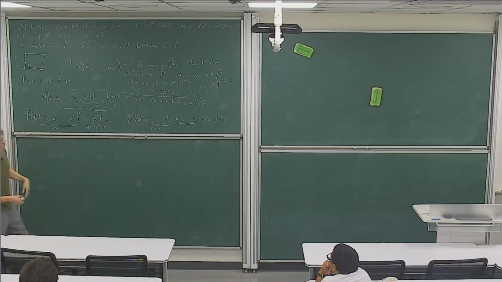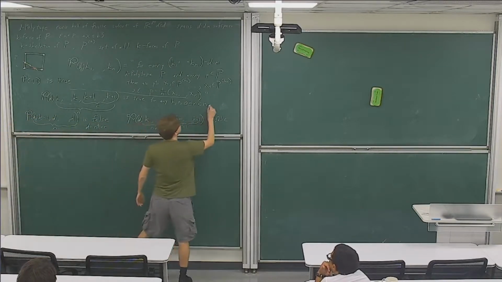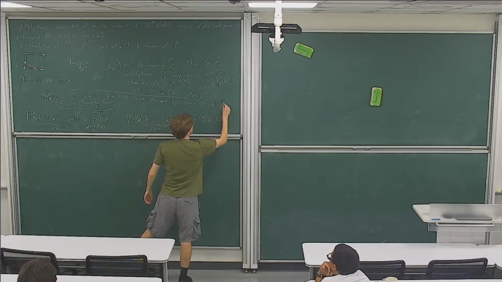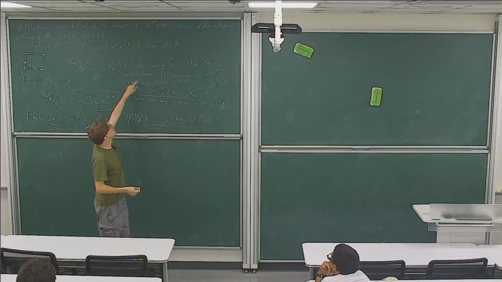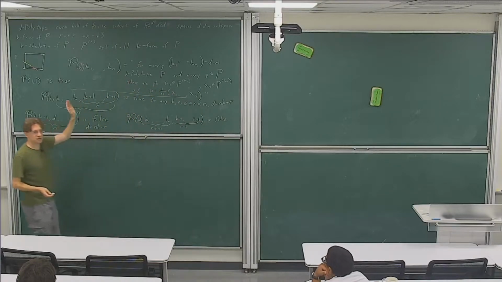So this is true for d equal to nk plus r, which also means that it's true for smaller k, because you could pick your point to be in some face, and you can always make it a larger polytope. So.